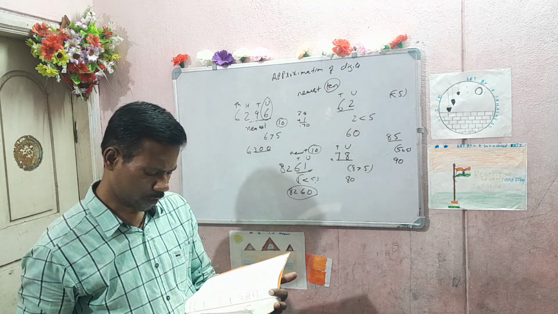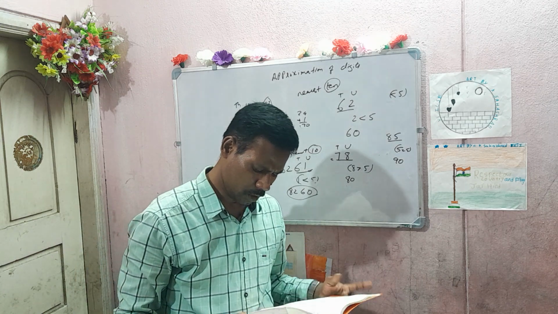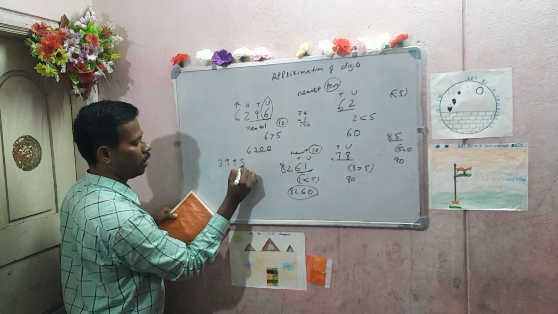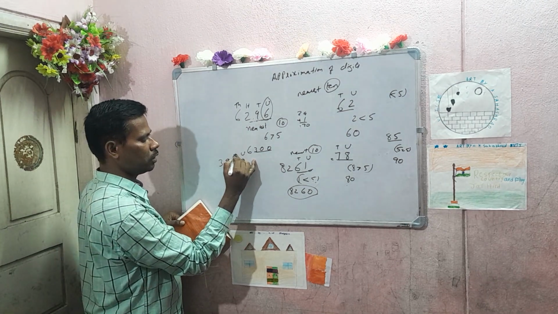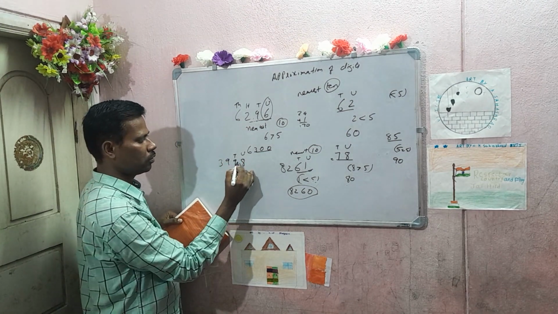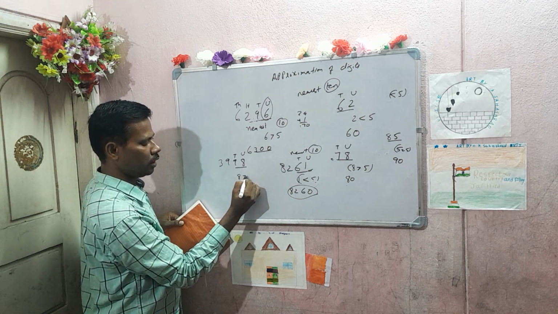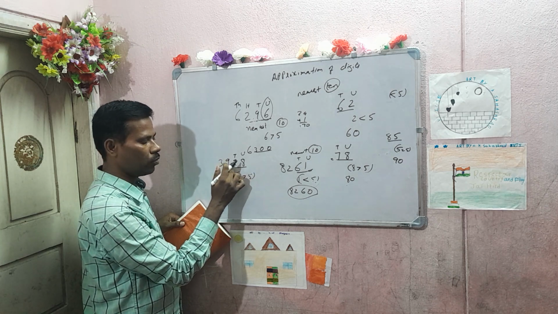3998. Now nearest to 10, units, tens. What I told just now, underline this. 8 is greater than 5 in the units place. If units place is greater than 5, you have to add 1 to the previous one.